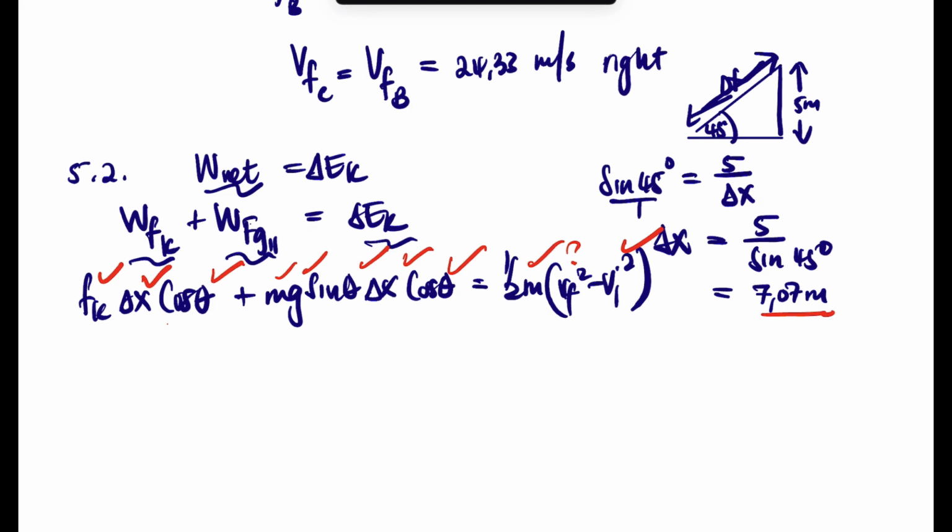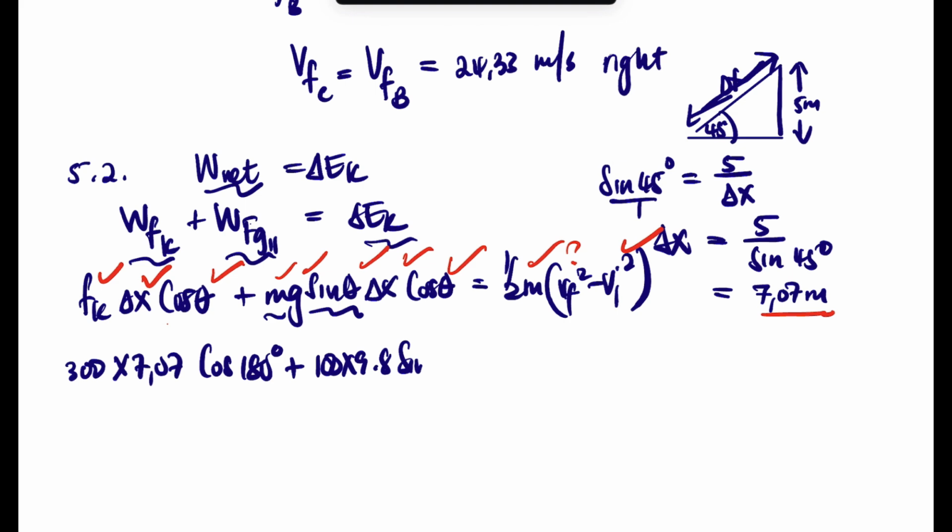Let's substitute. The friction is 300. We're told the displacement is 7.07, cos. The friction is going down the slope as it moves up the slope, so it's cos 180. Plus the mass is 100 times 9.8 times sine 45, and the displacement is 7.07, cos. The work done by Fg parallel is also going down the slope.